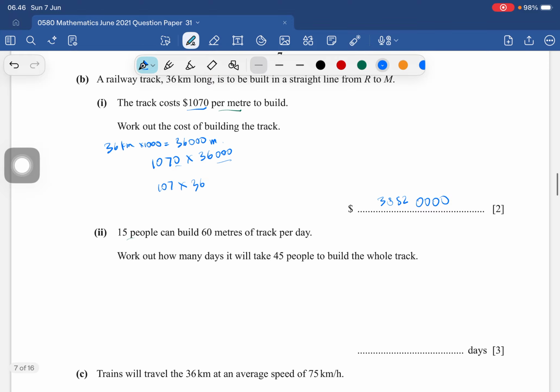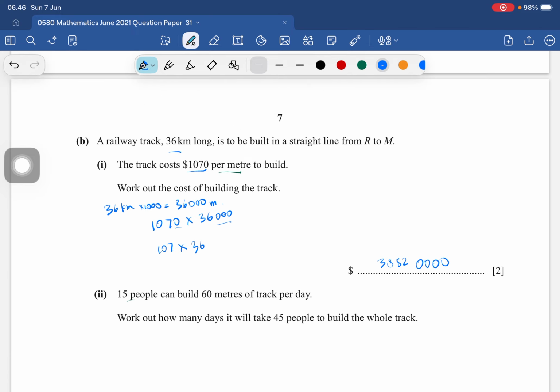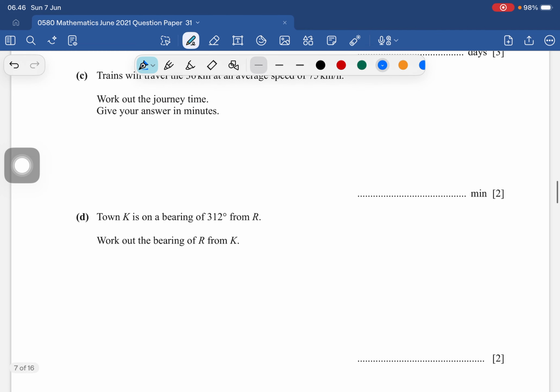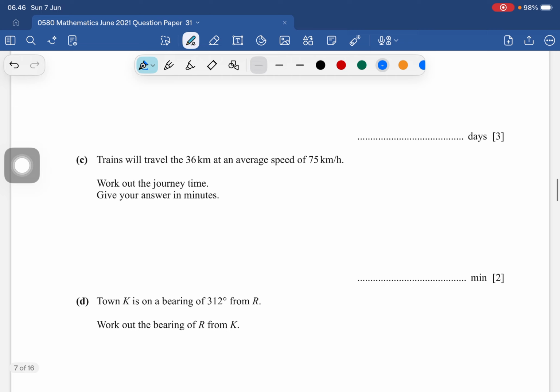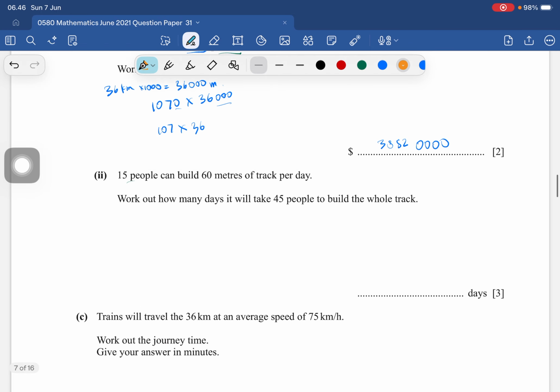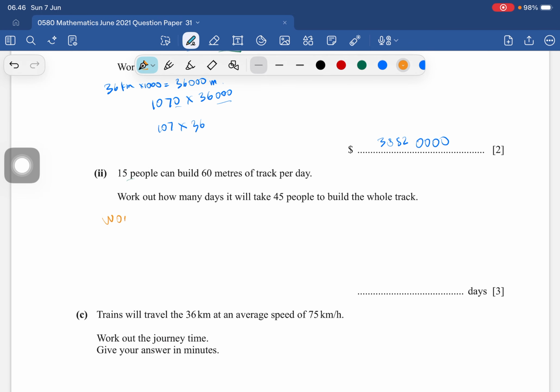15 people can build 60 meters of track per day. The total track is 36 kilometers. First, let's calculate the daily work. This is the workforce factor. If 15 people can build 60, how about 45 people?